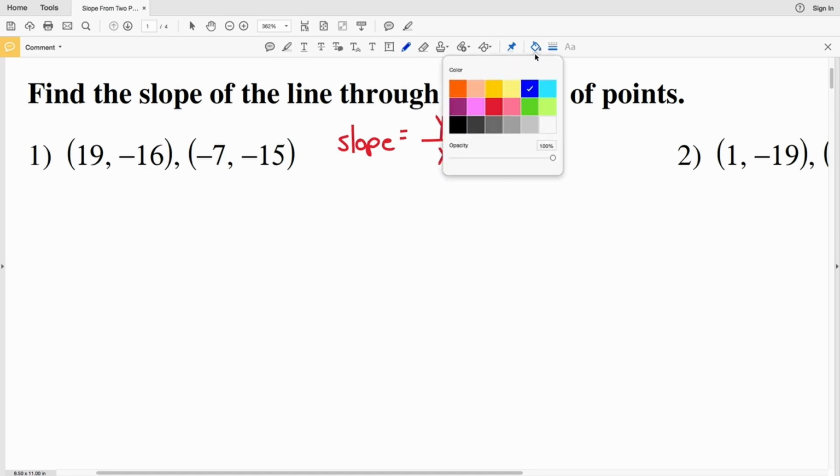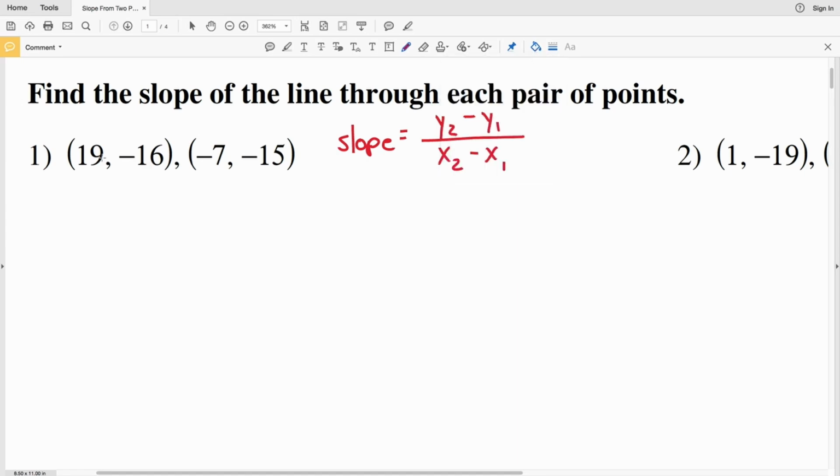So it's helpful to start out by labeling. So for number 1, I'll say this is x1 and this is y1. So x1 comma y1. And I'll say the second coordinate is x2 comma y2.